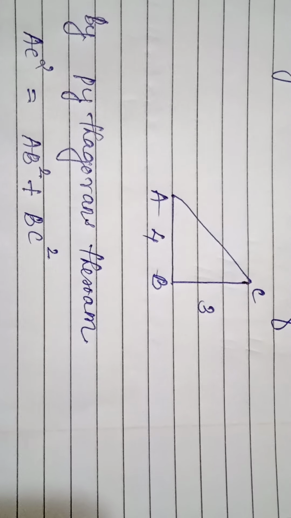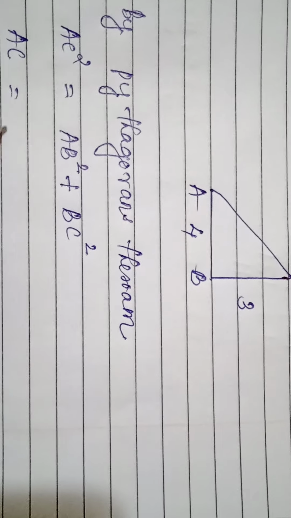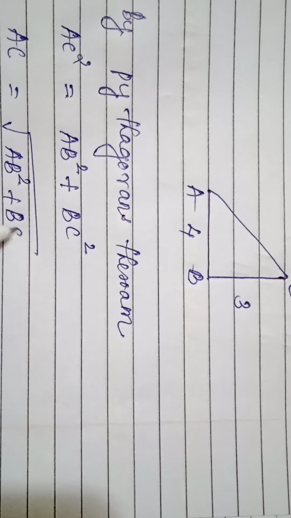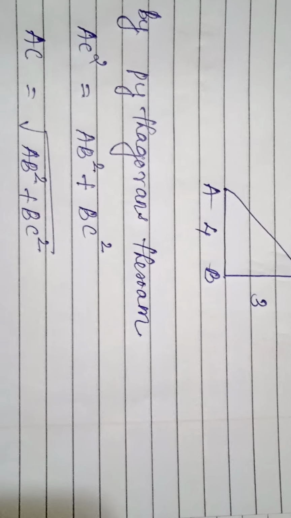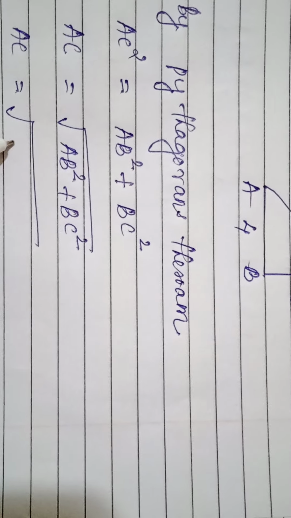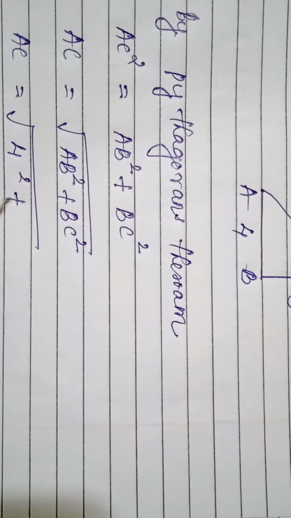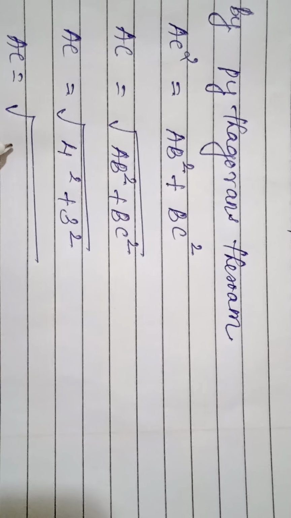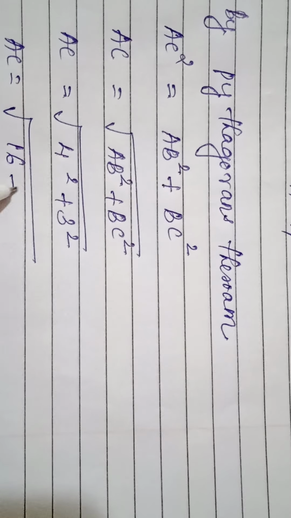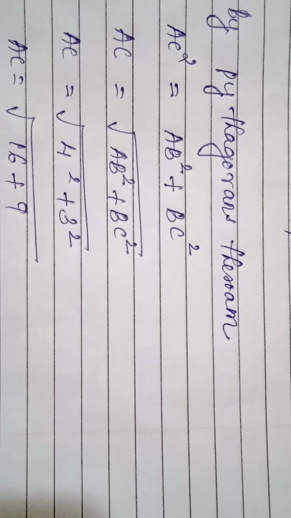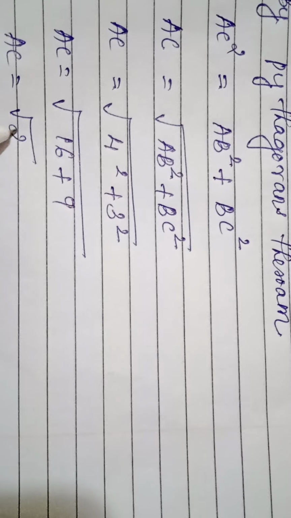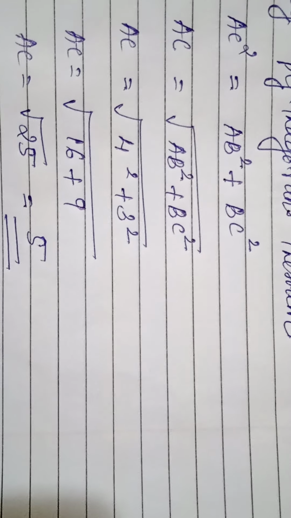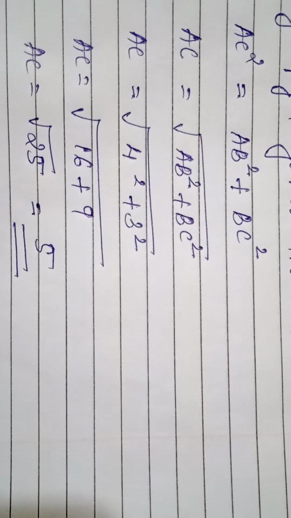So AC equals root of AB square plus BC square, that is root of 4 square plus 3 square. AC equals root of 16 plus 9, AC equals root of 25. Root 25 we already know, that is 5. So we got the hypotenuse.